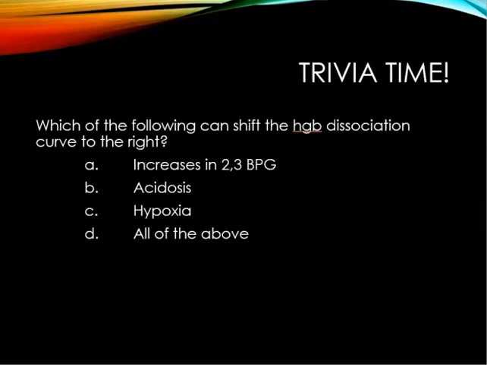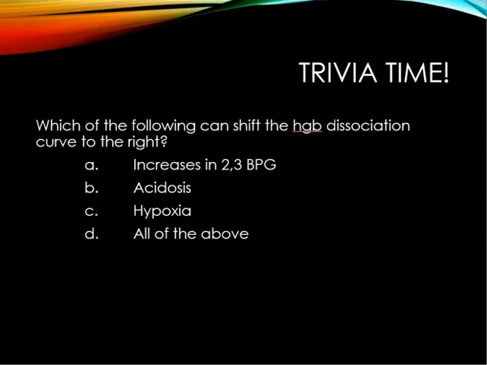Let's do another trivia question since we just learned about the oxygen dissociation curve. Which of the following can shift the hemoglobin dissociation curve to the right? Is it A, an increase in the 2,3-BPG, B, alkalosis, C, hypoxia, or D, all the above?